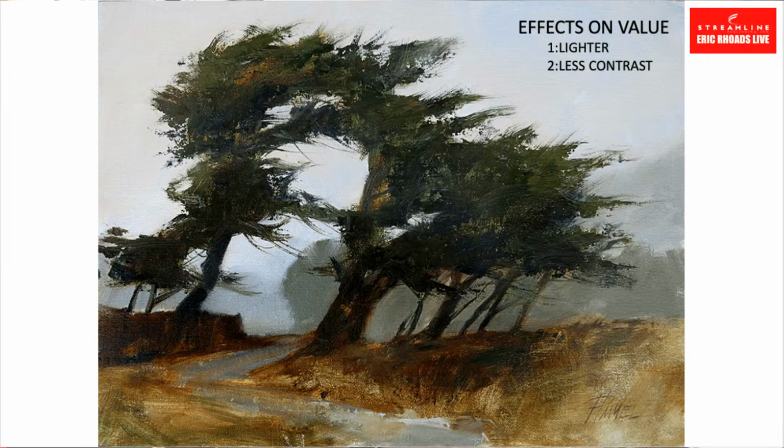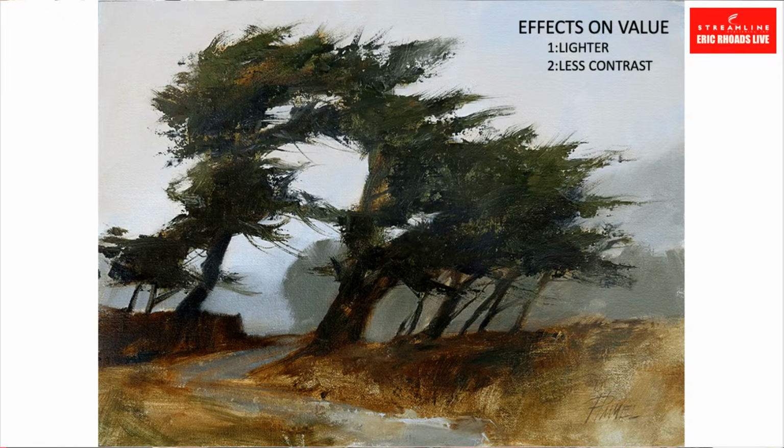The next thing that's affected by atmosphere that you should consider is the value. What happens to the value of colors? What effect does atmosphere have on that? It has basically two effects on the value.